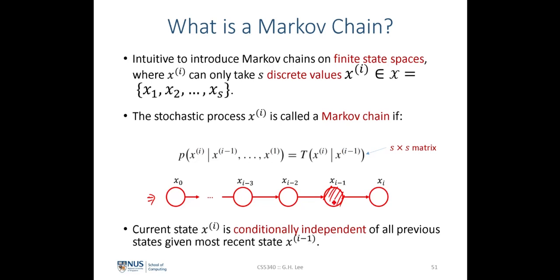Once we observe xi minus 1, all the rest of the random variables become d-separated from the random variable xi. Hence, it's sufficient to write this conditional probability as the probability of xi conditioned upon xi minus 1, which is the random variable in the previous time step.